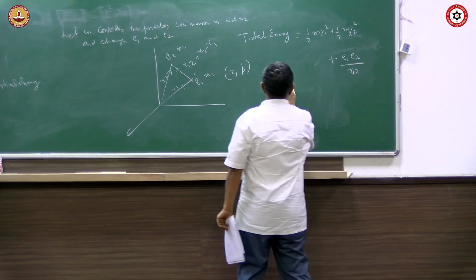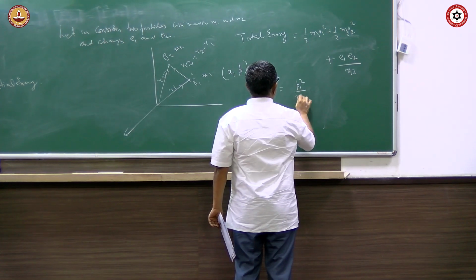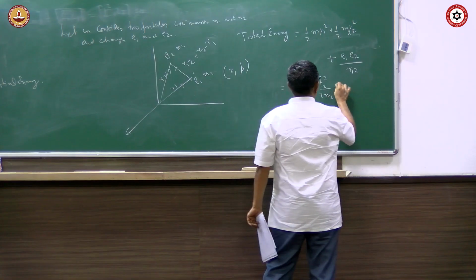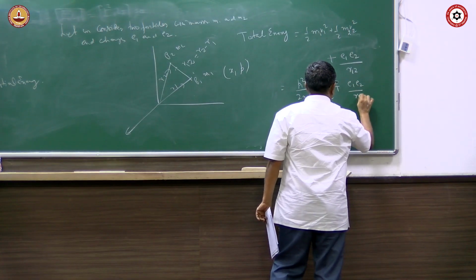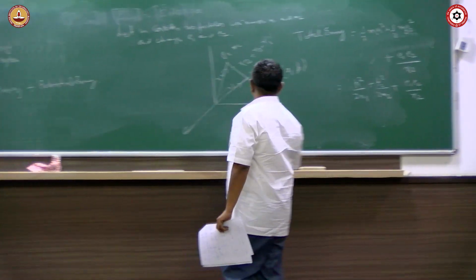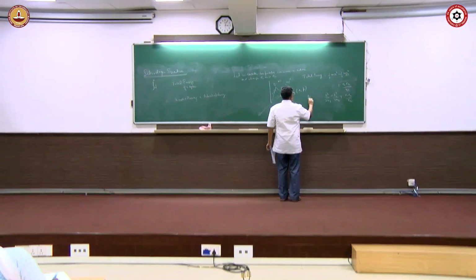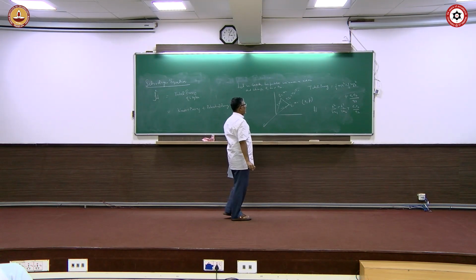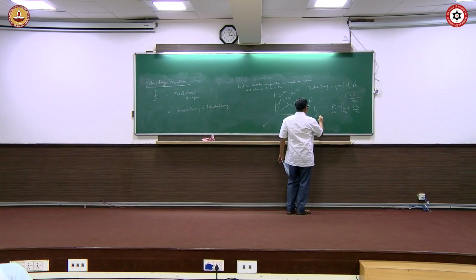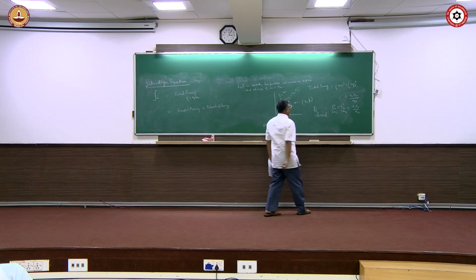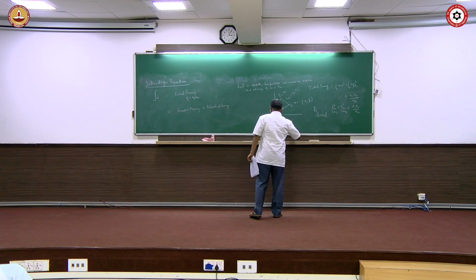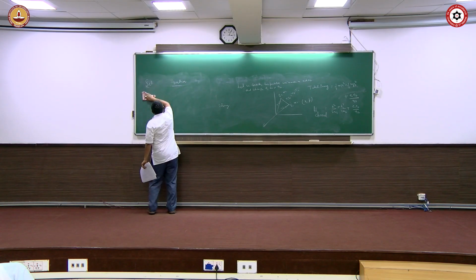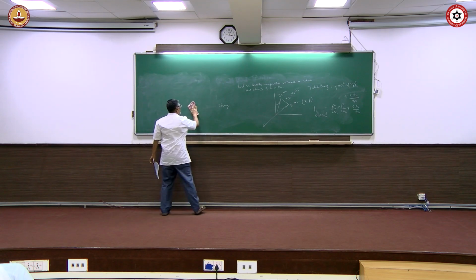Therefore, I want to convert this into p1 square by 2m1 plus p2 square by 2m2 plus E1 E2 divided by R12. So this is my total energy H. The classical Hamiltonian is this. I am going to convert this into a quantum mechanical operator.